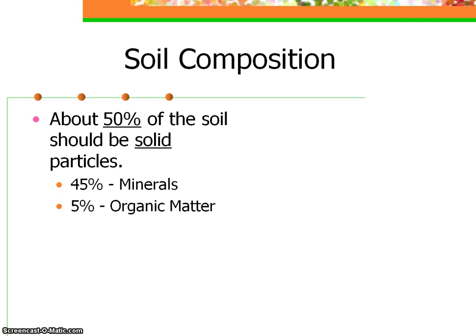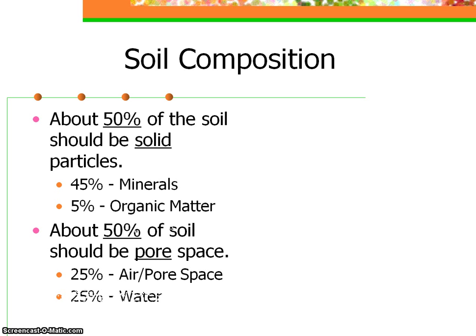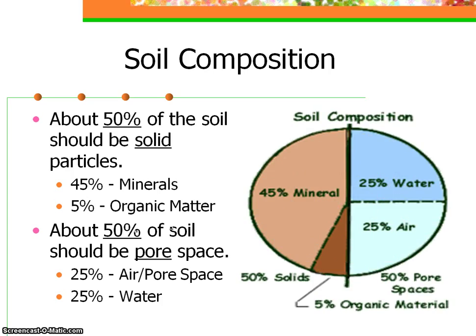The other 50%, you want about half of that being water for water space, and you want half of that being airspace, to get a nice composition where you get enough water, you get enough air, but most of it, half of it, is going to be given over to minerals and nutrients and your humus.